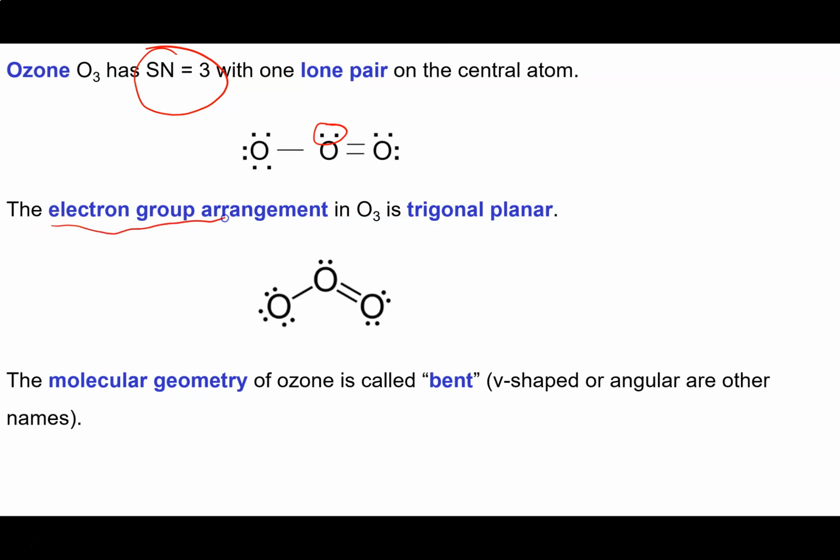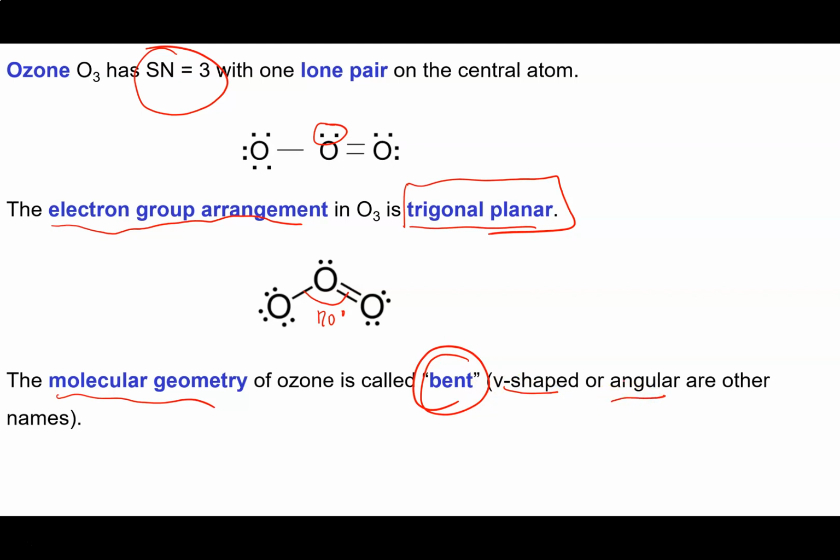So because it's got 3 electron groups, the electron group arrangement is trigonal planar, and the ideal angle for trigonal planar is going to be 120 degrees. The molecular geometry for ozone is going to have a different name from the electron group arrangement and is called bent. Sometimes it's also called V-shaped or angular. So the molecular geometry is different from the electron group geometry.